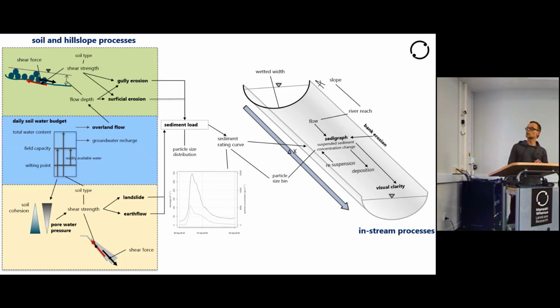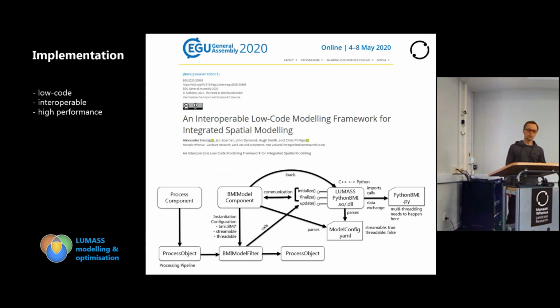So we're modeling those components of those processes, and then derive the soil erosion for the individual processes. We create a sediment load, and then we hand it over to Aman.